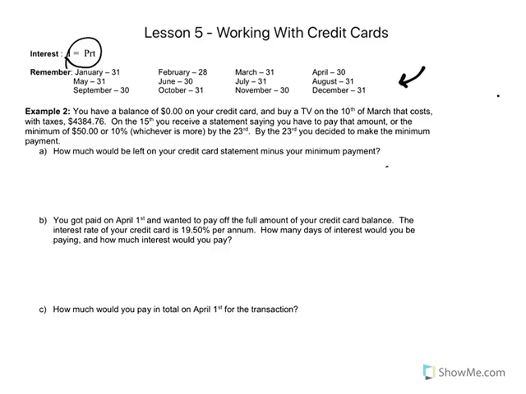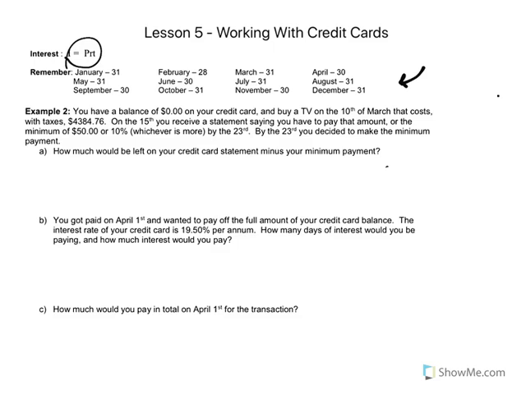On the 15th, you receive a statement saying you have to pay that amount or the minimum payment of $50 or 10%, whichever is more, by the 23rd. By the 23rd, you've decided to make the minimum payment. So you can pay however much you want on a credit card, but you have to make a minimum payment each month. And if you don't do that, then you have really terrible credit and lots of consequences. So be careful.